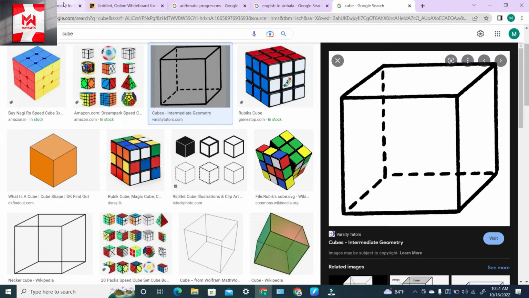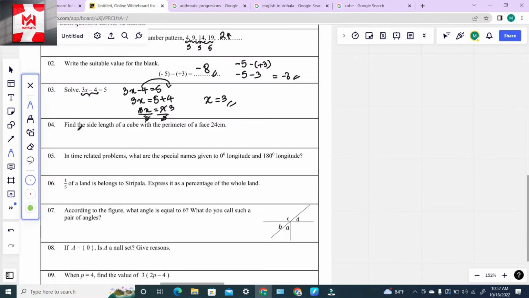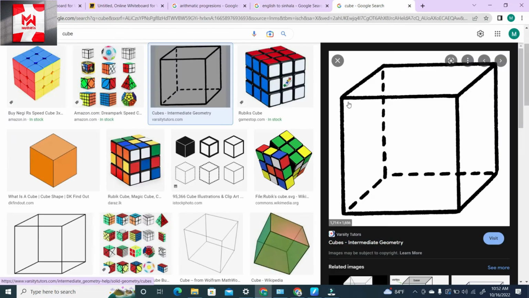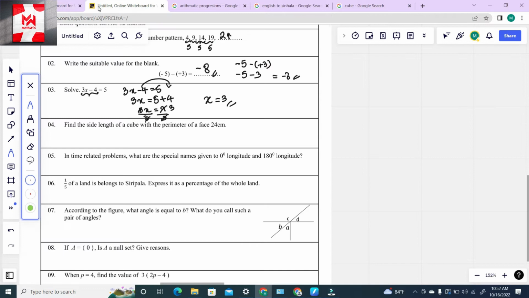But now it is mentioned here, find the side length of the cube if the perimeter of the face is equal to 24 centimeters. That means this perimeter should be equal to 24. The face is a square, and when we consider the cube, all these sides are equal.